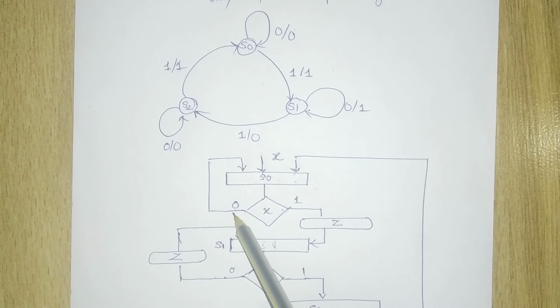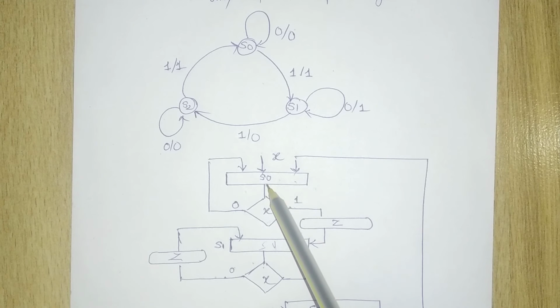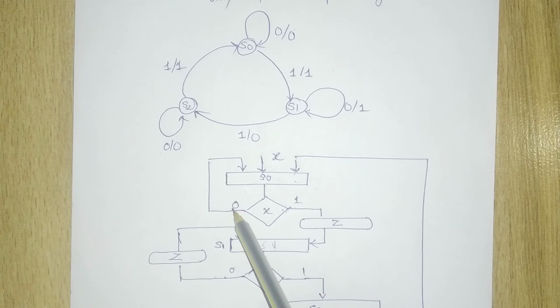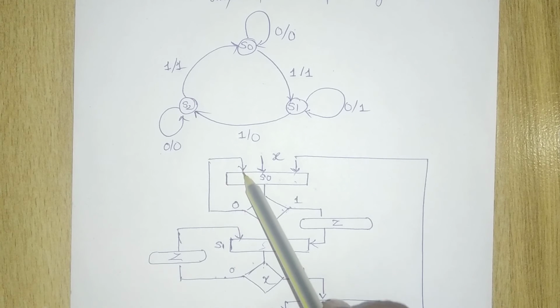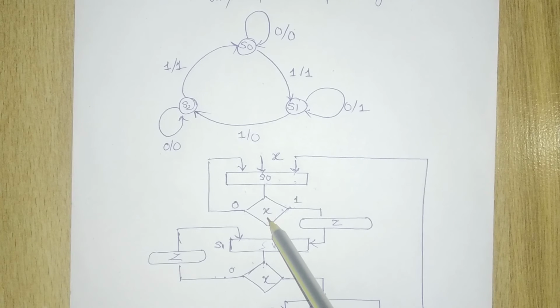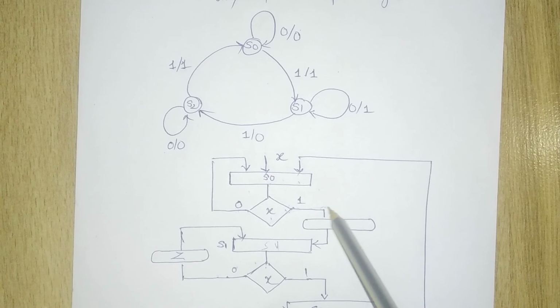X is 0 and X is equal to 1. When you apply 0 on the S0 state, then it is going to the same state.